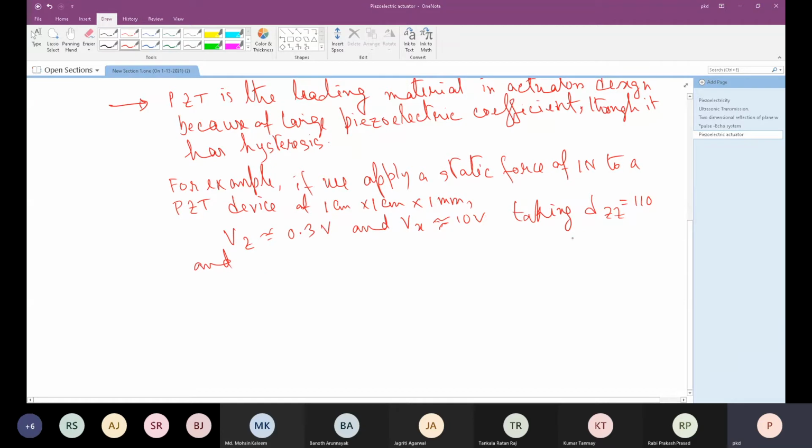I think d_zz, sorry, d_zz would be higher, around 370 pC per Newton, and d_xz 110 picocoulomb per Newton.